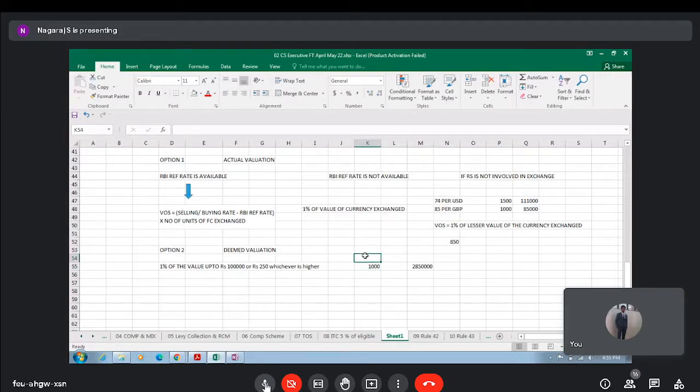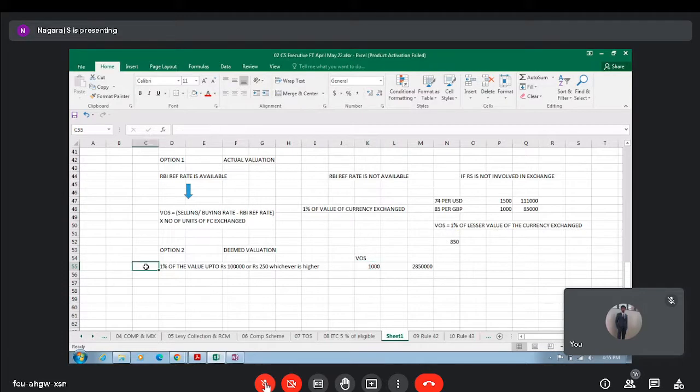So the value of supply is 1,000 rupees. You are exchanging 28 lakh 50,000. Keep this in mind. Of this 28 lakh 50,000, up to 1 lakh, 1% of the 1 lakh or rupees 250, whichever is higher.